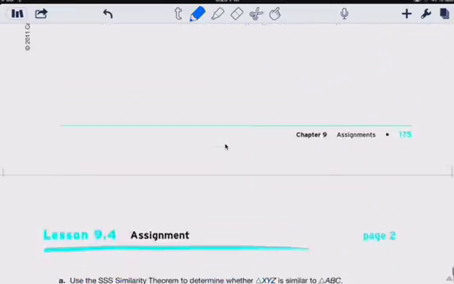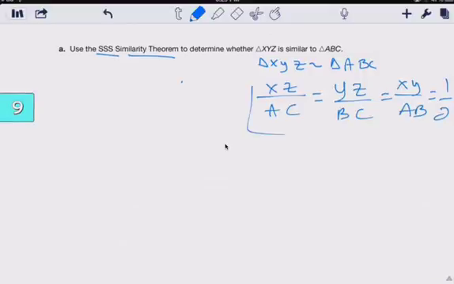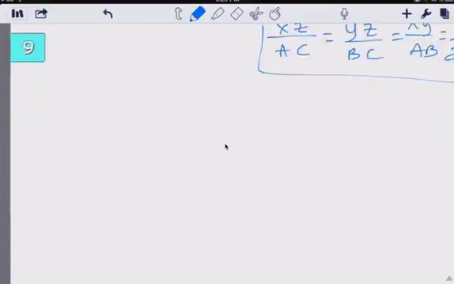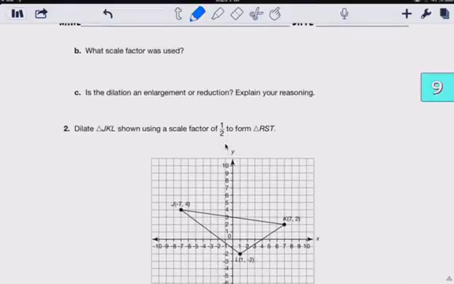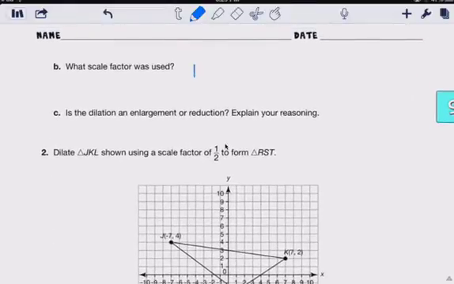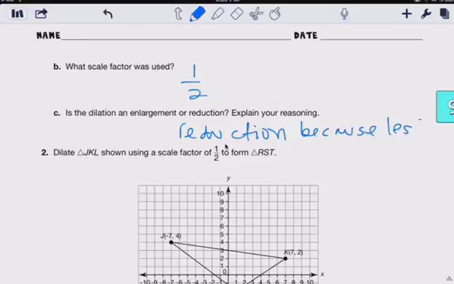Just making sure my letters are correct. Yep. By side, side, side. What's the scale factor used? A half. Reduction, because it's less than 1.